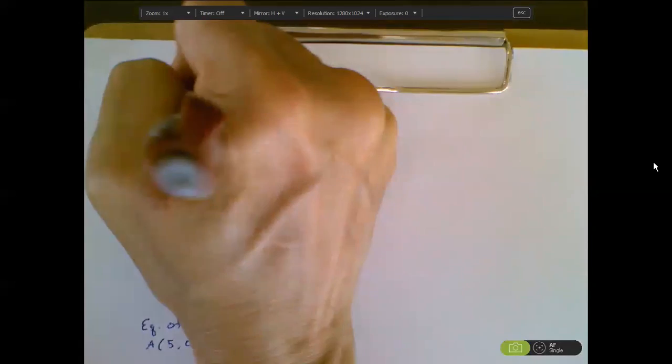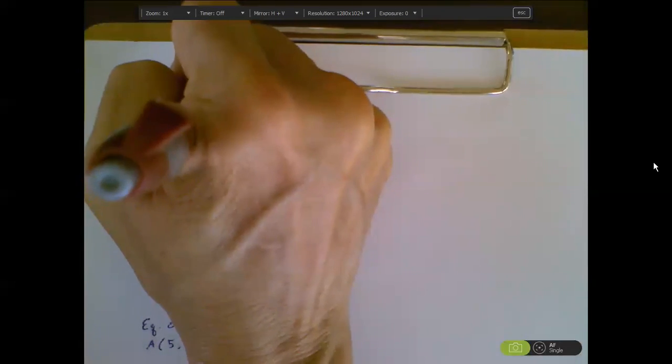I'm going to use a little b for the y-intercept of point B and find the equation of that line.